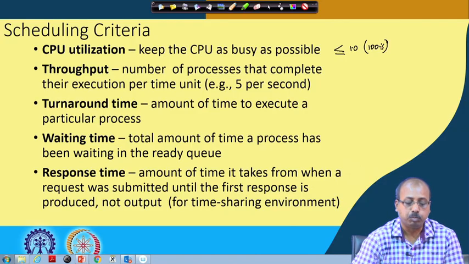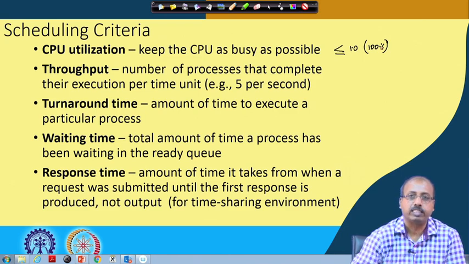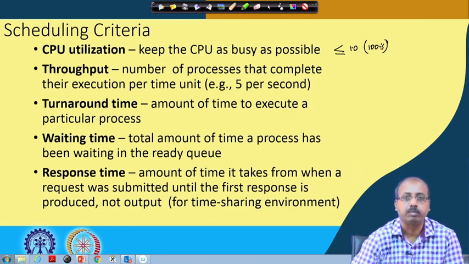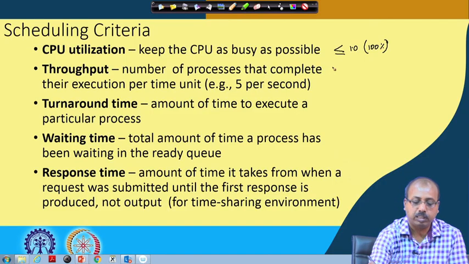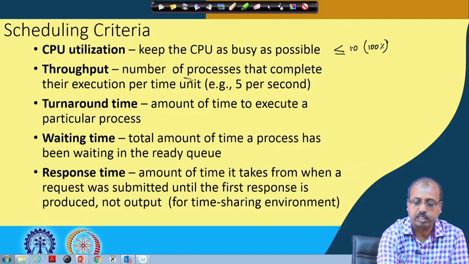Then comes throughput. Throughput is the number of processes that complete their execution per unit time. Now, throughput also depends on other factors, like if a job is waiting for something. So, we are counting in terms of number of processes completed.